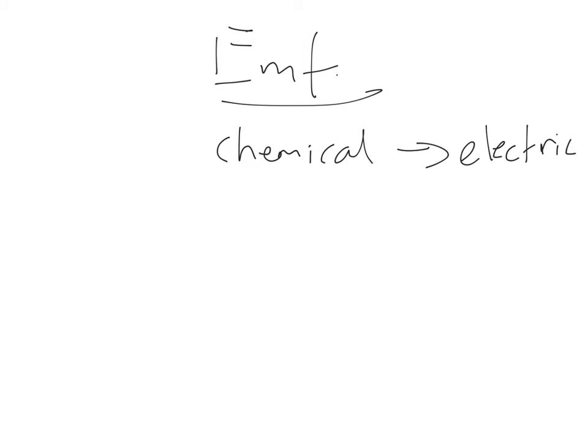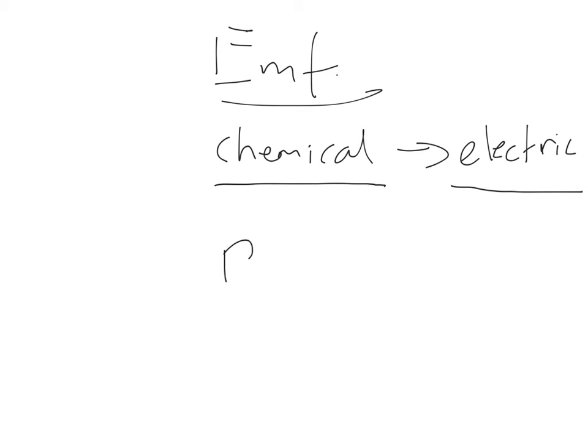Because inside the battery, or inside a cell, we have chemical energy, which is essentially how batteries store their energy. It transforms that into electrical energy when it is connected to a circuit and allows an electromotive force to be set up, causing the electrons to move around the circuit.